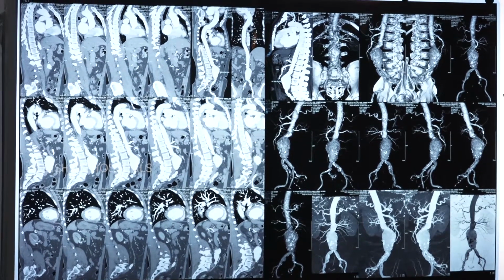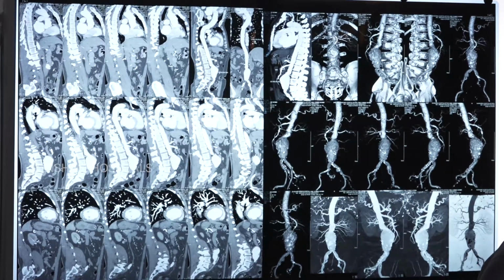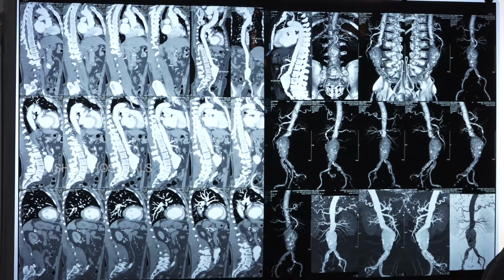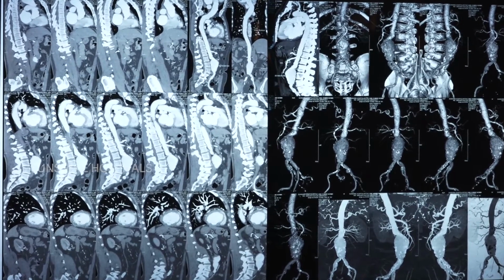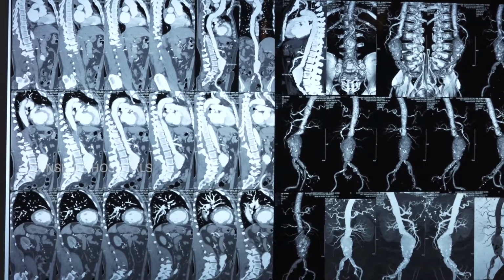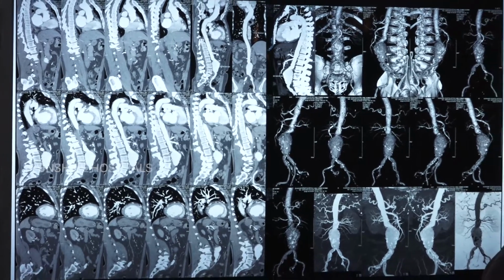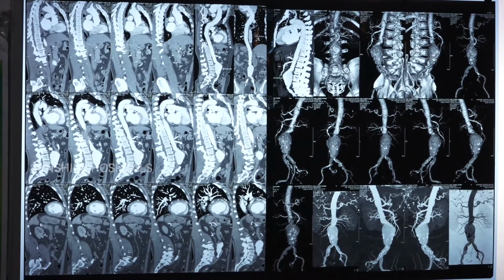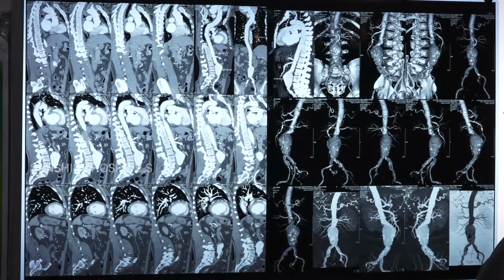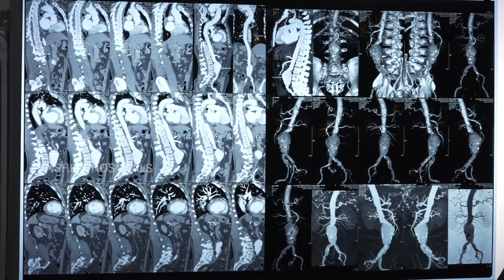So, subsequently we did the angiogram. Angiogram did not reveal any endoleaks, and well implanted stent with very well patent renal artery with good antegrade flow across the right femoral artery and both right and left femoral artery.